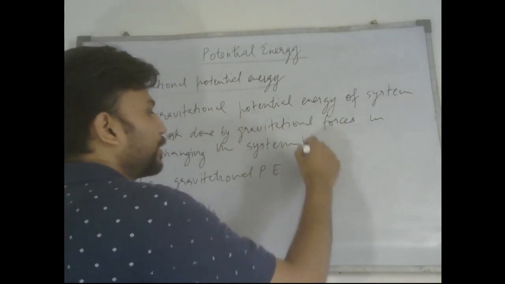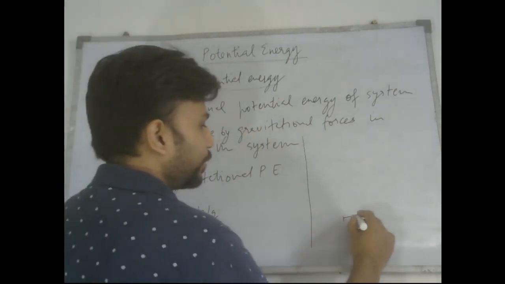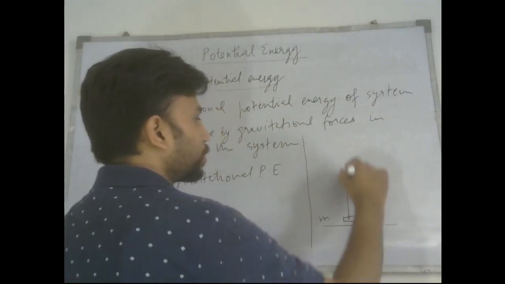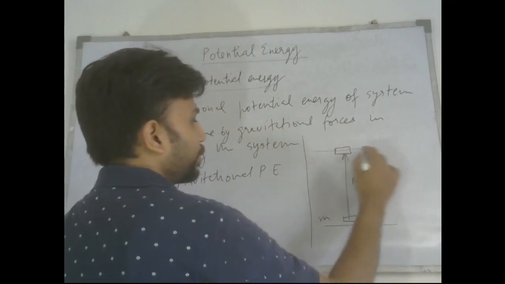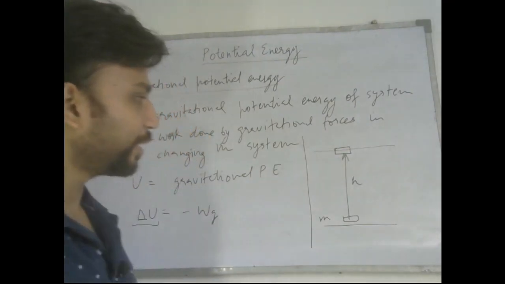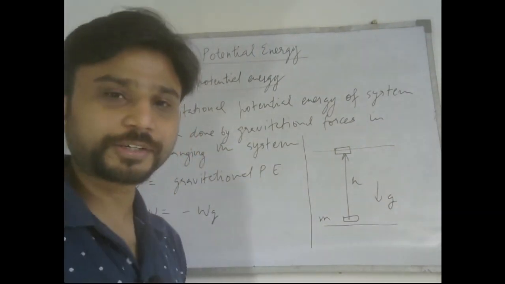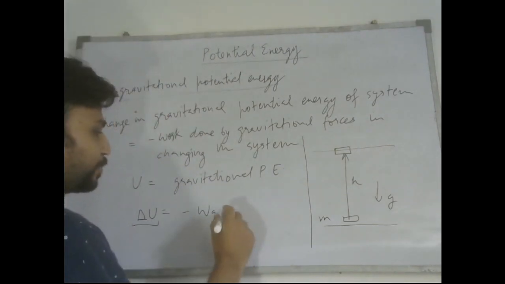So let us take an example to find the expression for this formula. We have a mass m, and this mass m is raised through some height, say h. Since acceleration due to gravity is g, the force acting on this mass is mg.